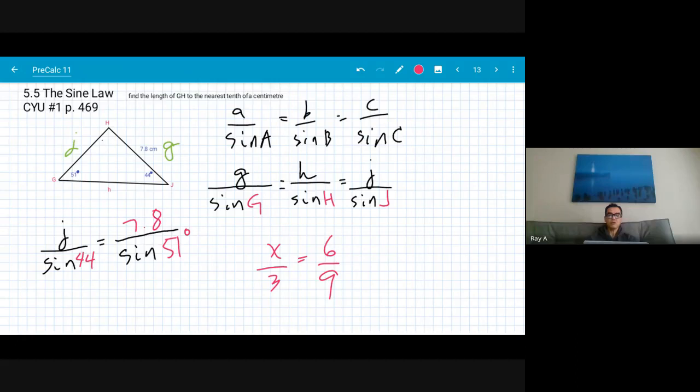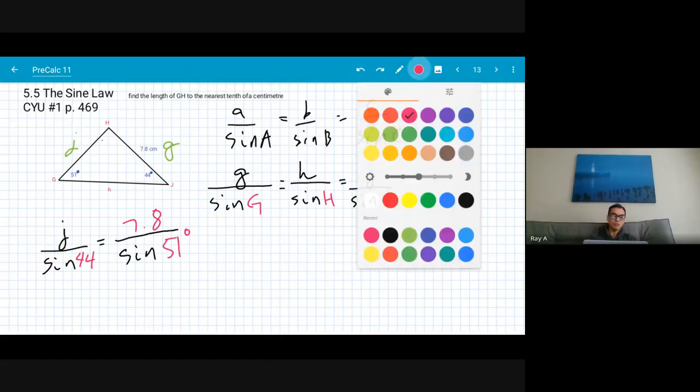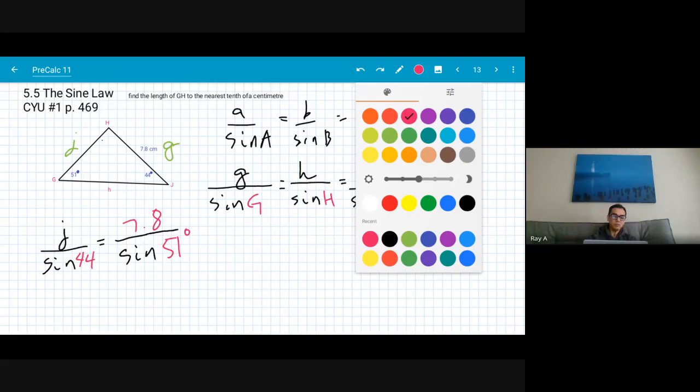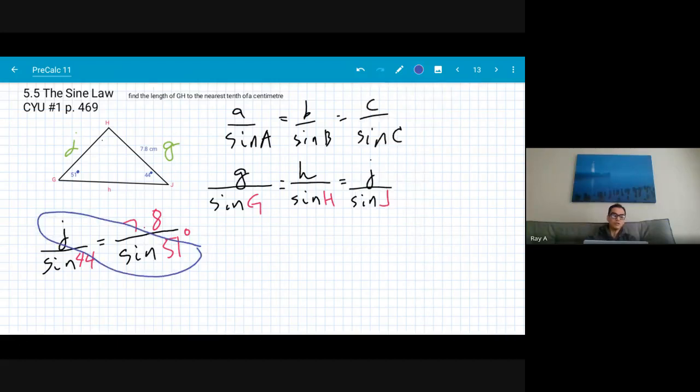I'm sure some of you would say cross multiplication. Most likely that is what you're going to be doing, and that's okay. If you were to do cross multiplication, you would multiply these two, whatever that is going to be equal to these two, and then divide both sides by sine 51 degrees.